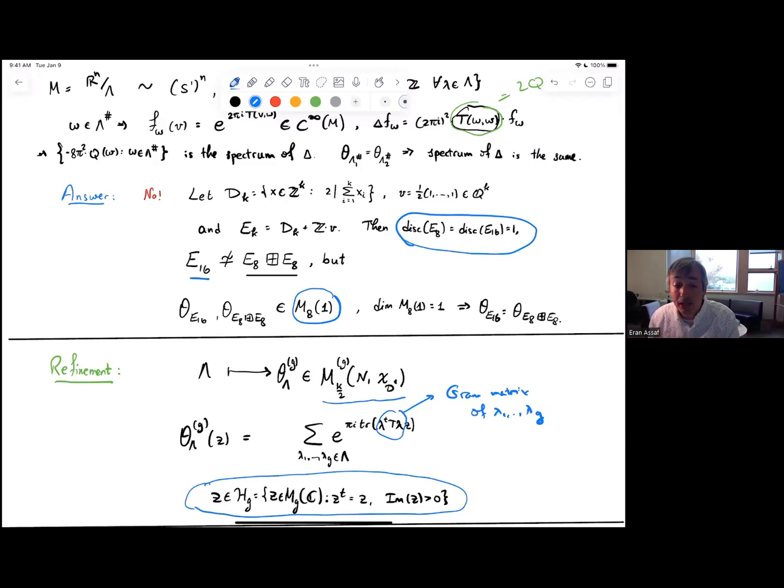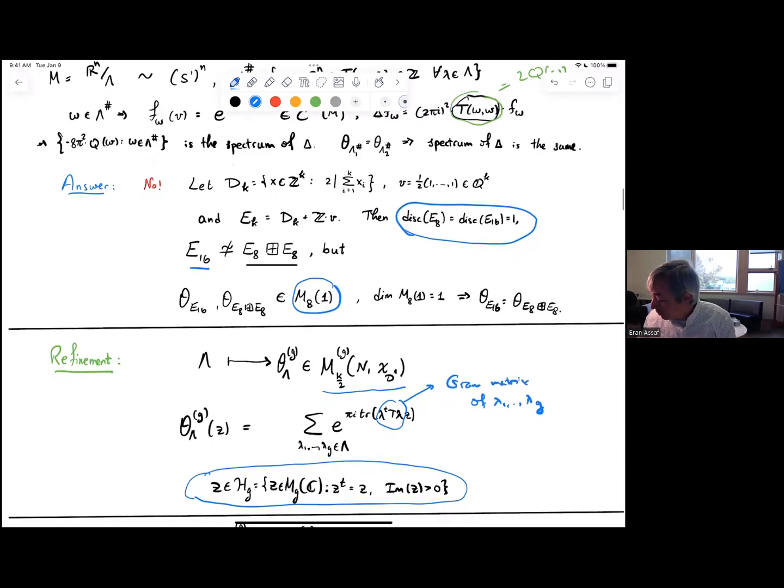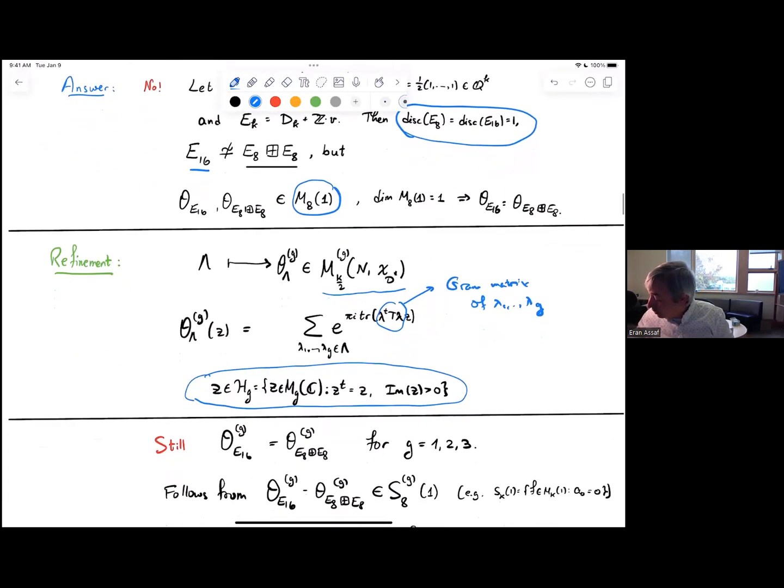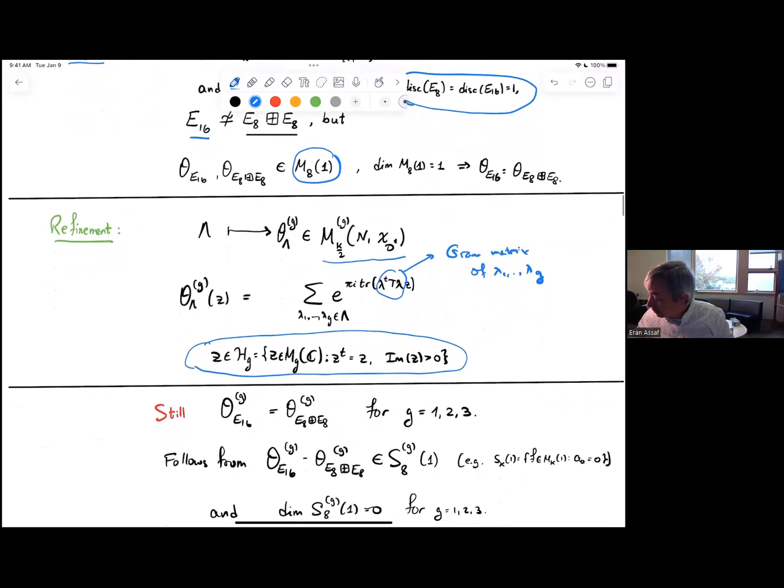And again, one can ask, is this generalized theta series map injective? In the example we just gave, in fact, it fails to be injective for g equals 2 and 3 as well. And only in dimension 4 does one actually get something different.